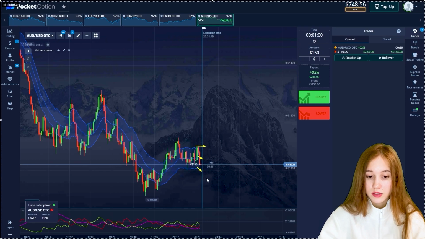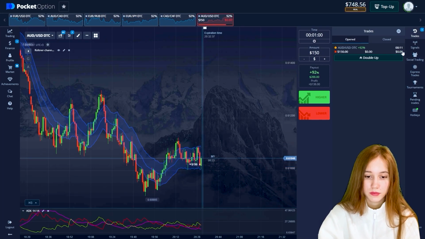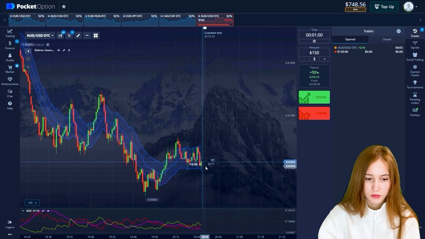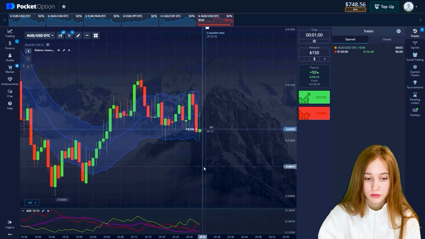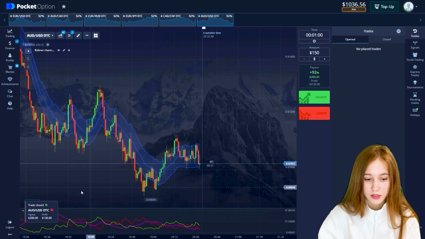Lower, and it's in a state of drawdown. Red is in a state of rising. 10 seconds left. Drawdown. Yeah. Plus deal.